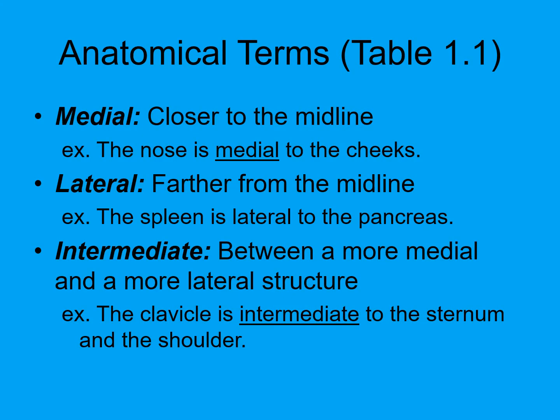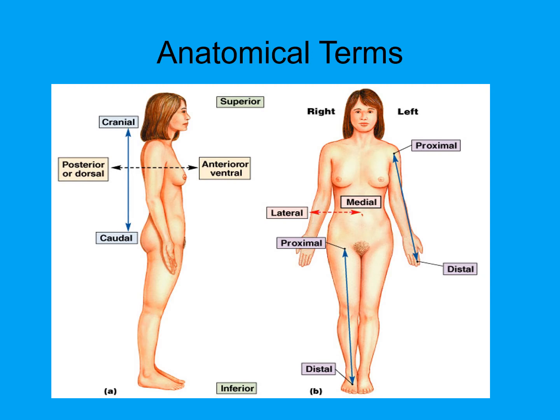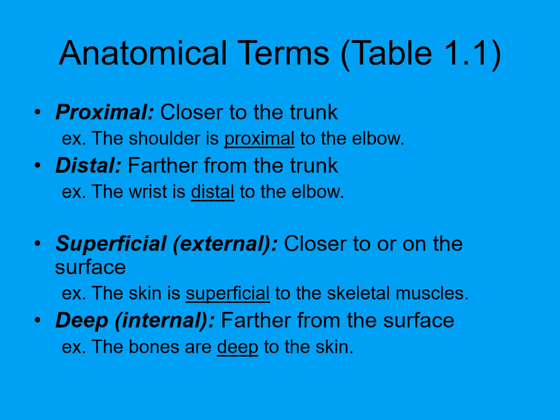And that's where these terms, once again, are defined here, as we just saw in the previous picture. Medial closer to that midline, lateral is further away. Intermediate is, as the name implies, in the middle between those. So once again, the picture shown here. And just keep in mind, one thing people will confuse with proximal and distal is they tend to try to use that on the torso.